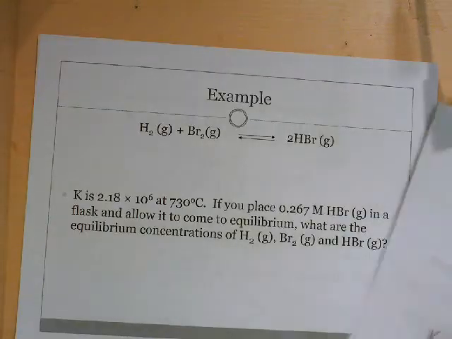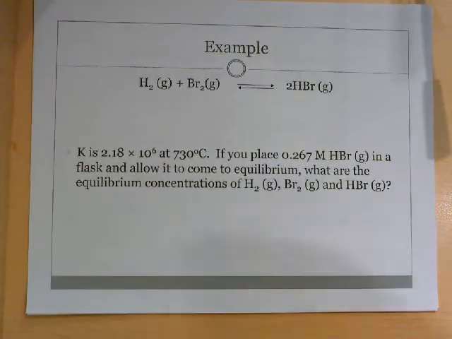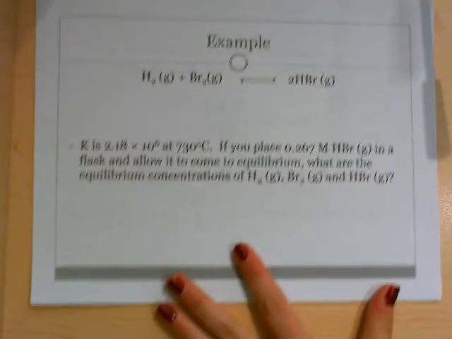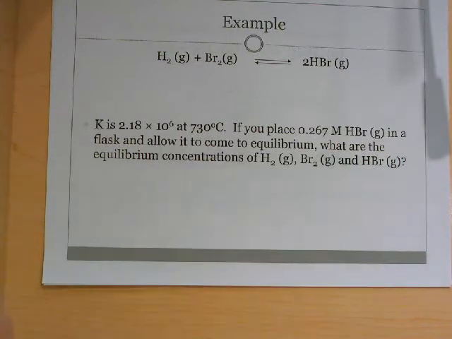Alright, let's do this one then. Alright, so now I have hydrogen gas and bromine gas reacting to make hydrobromic acid. I know the equilibrium constant of this reaction is 2.18 times 10 to the 6th.